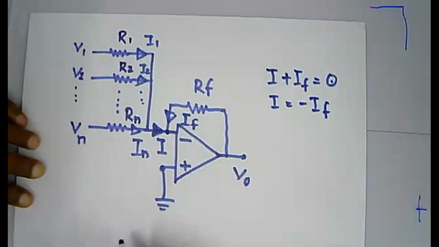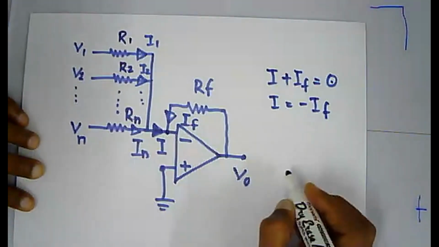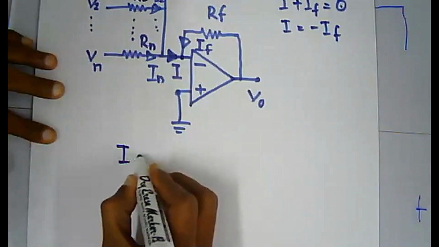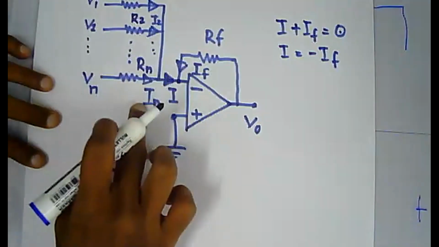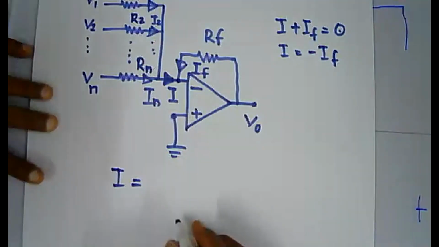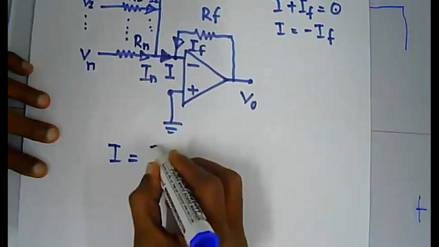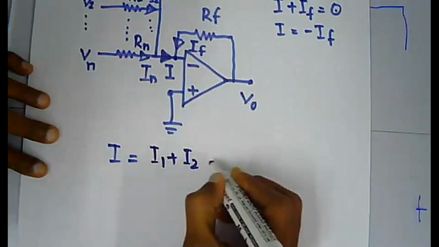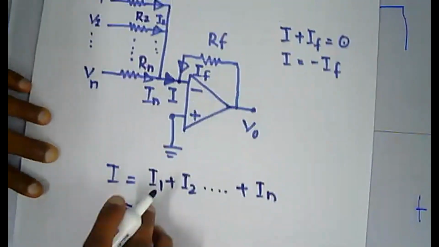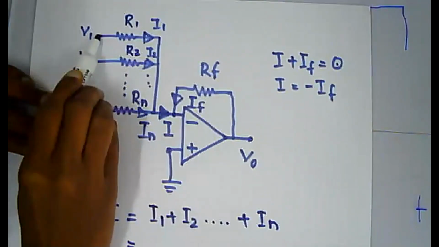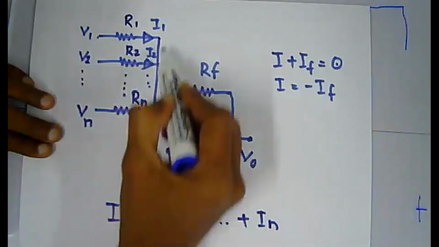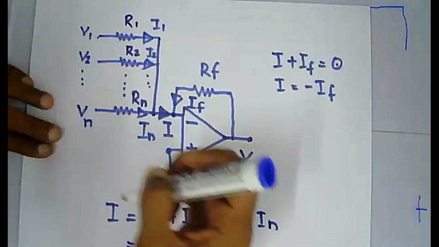Now, what is your I? You can simply write I as the summation of all these currents, I1 plus I2 up to In. I can write I1 as V1 minus 0 over R1, since the voltage at this point is 0, which means all this line carries 0 potential.